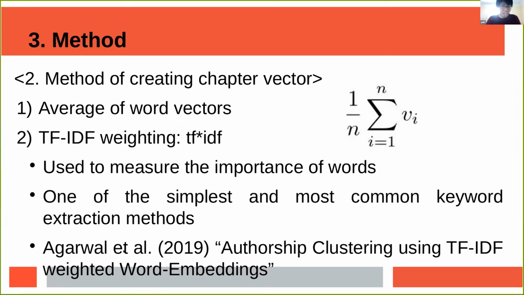And this is a paper that proposes a word embedding model weighted by TF-IDF. And the paper reports that the model weighted by TF-IDF outperforms some state-of-the-art models like Doc2Vec. In the following slides, I'm going to briefly show you what TF-IDF is.